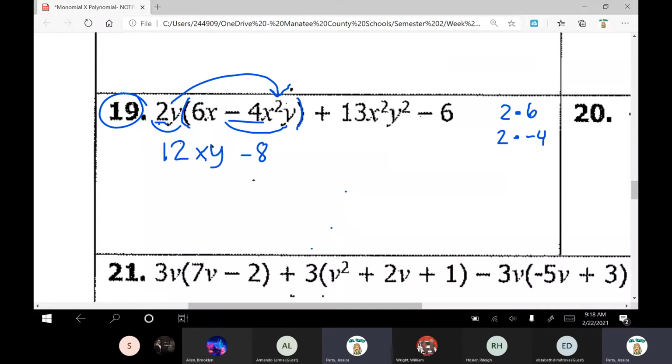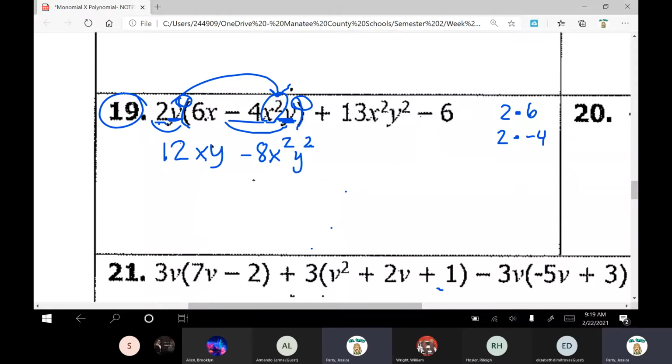And then our variables, we've got a variable y here, variable x, and a variable y. Okay, alphabetical order. Next one we need to put down as our variable x. There's no other x's, so I'm just going to pretty much copy down this x squared. Okay, then we're going on to our variable y. We've got a y here and a y here. So add those exponents. Invisible 1 plus invisible 1 is 2.